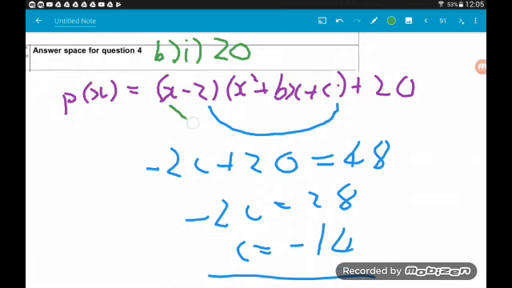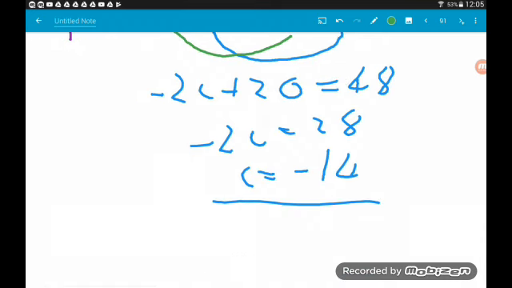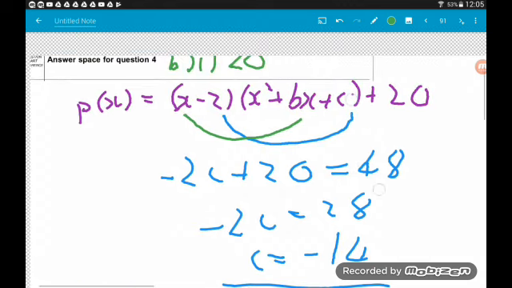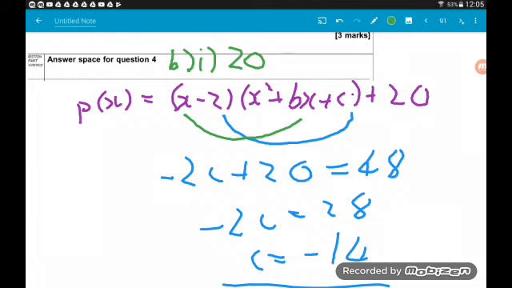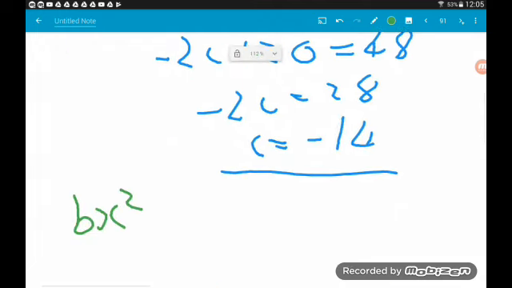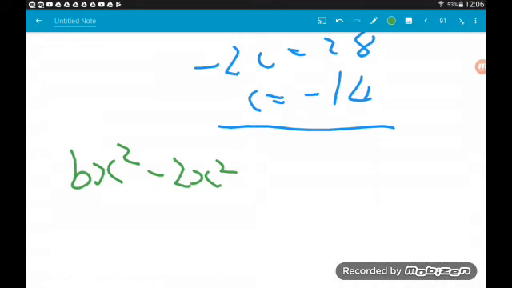So we would get x times bx first of all. Now that would give us bx squared. And then we're also going to get an x squared term when we do minus 2 times x squared. So that's going to give us minus 2x squared. Now that we can write as b minus 2 x squared.